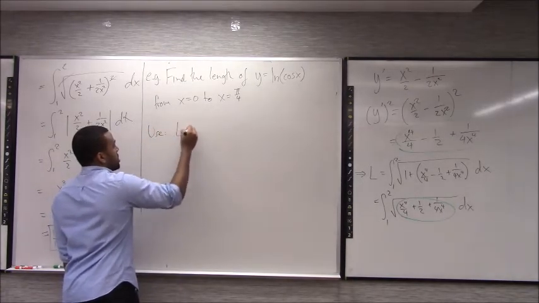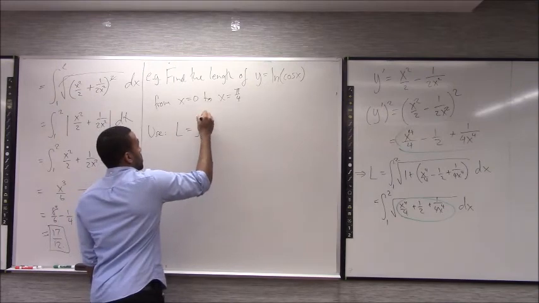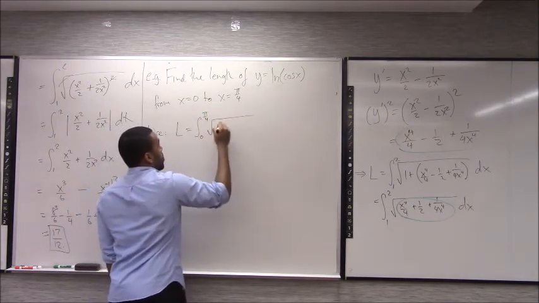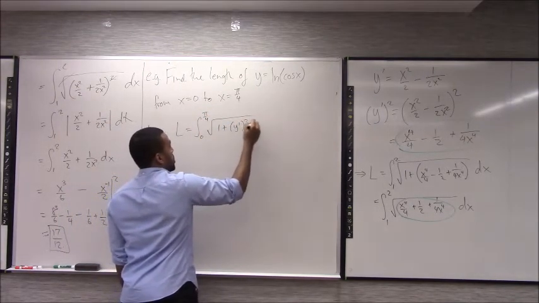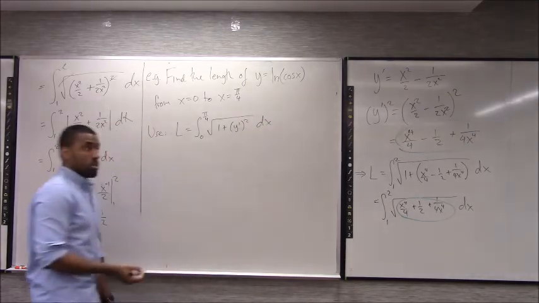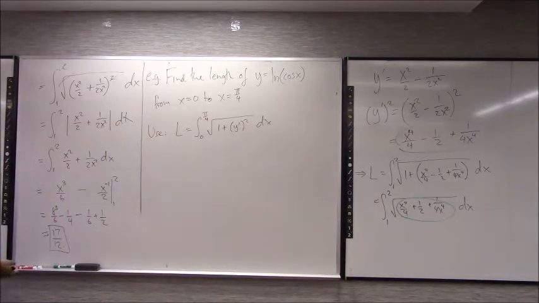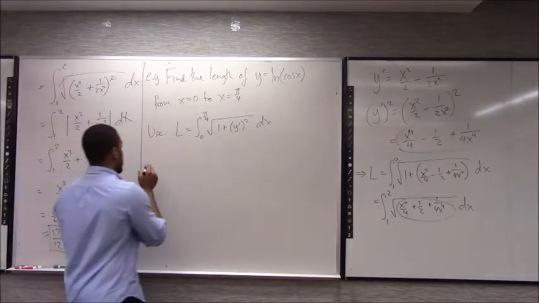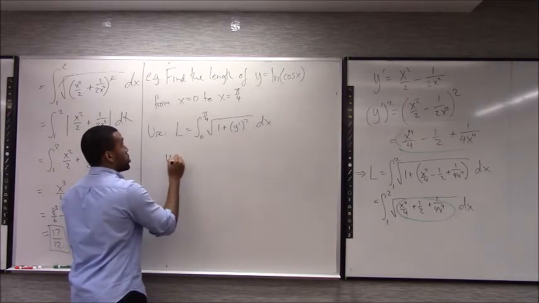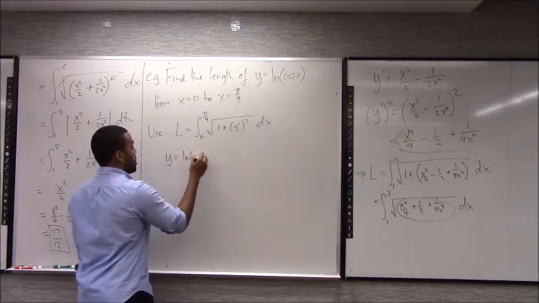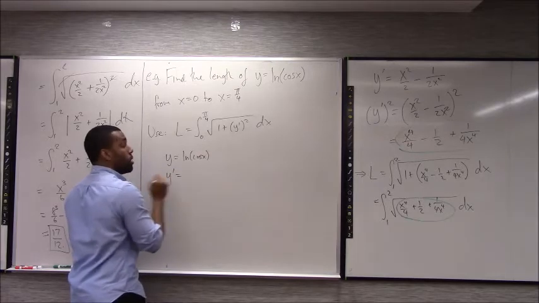So yeah, we're just going to use the square root of 1 plus y prime squared dx. Let's see what that ends up being. If y equals ln of cosine, what is y prime?